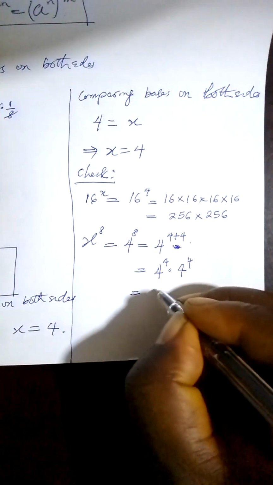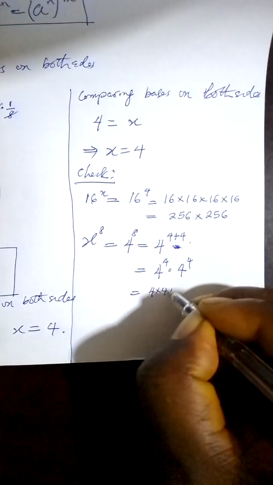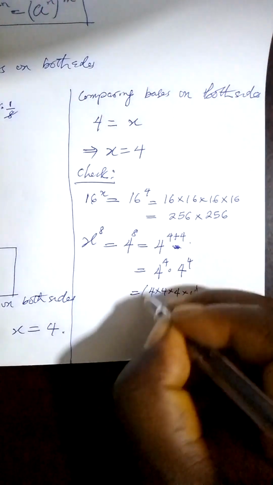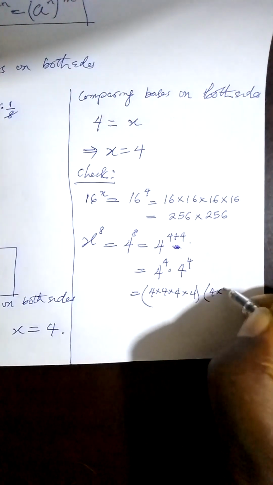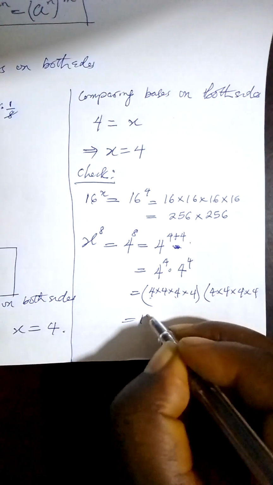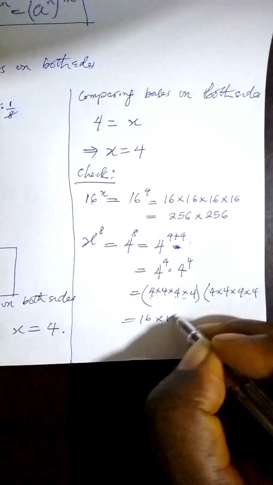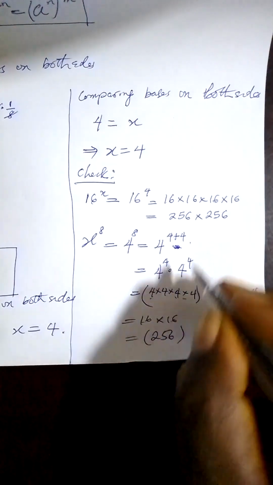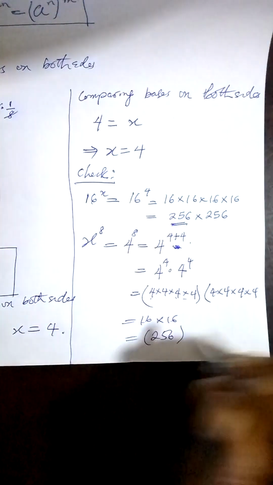So that means 4 times 4 times 4 times 4, then you have 4 times 4 times 4 times 4. 4 times 4 is 16. 4 times 4 is 16. 16 times 16 is 256. Keep that right there.